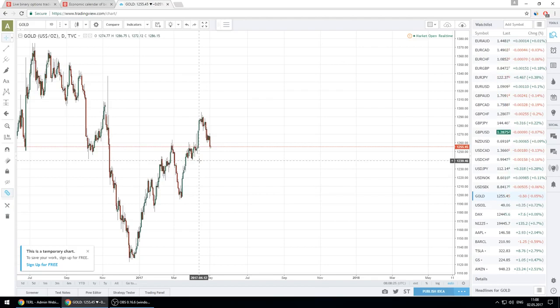Because when you open one trade for 5%, you have 95% left to open more trades if the first one expires out of money. But if you enter for 20%, or for 50%, it's a much bigger amount.